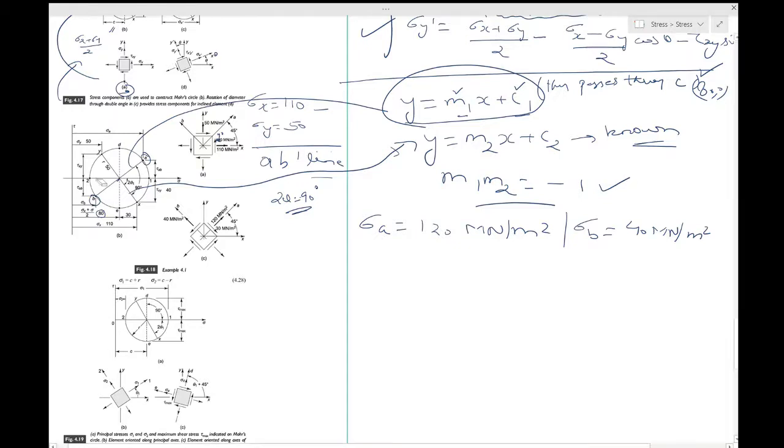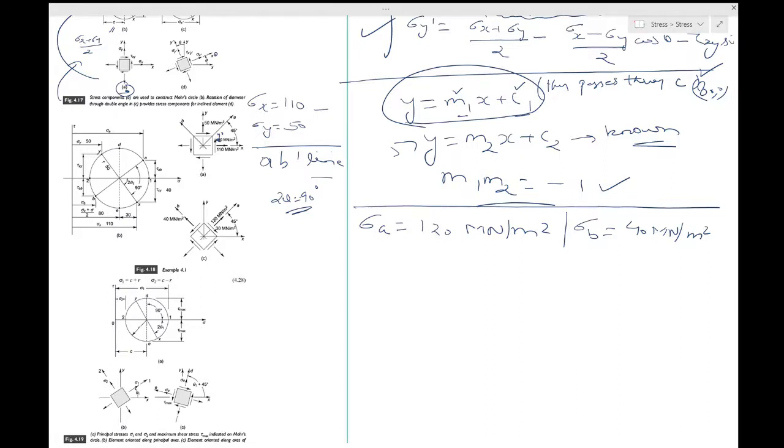In your textbook, the way they have done this problem is again quite simple. They have taken the angle 2 theta 1, as tan of 2 theta 1 is equal to 40 divided by 30.